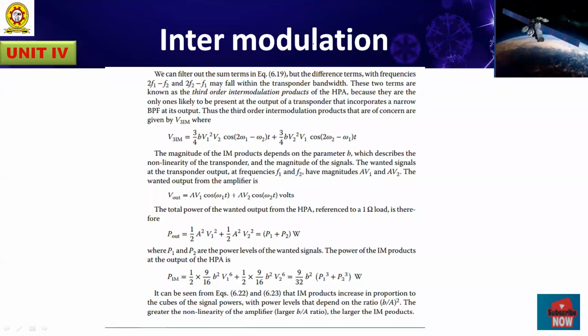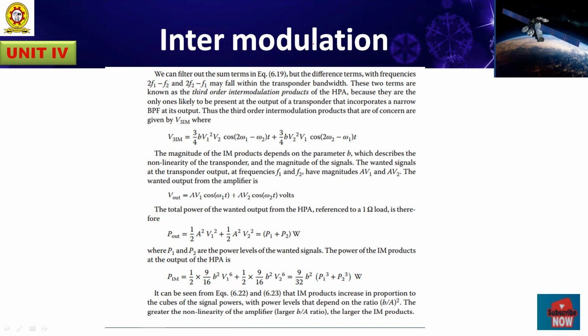By using this empirical formula, we are able to calculate the output equation after the amplifier, which equals A V1 cos omega 1 t plus A V2 cos omega 2 t. That is available on your slide. If you extend this voltage to power, what is the total power of the output signal?